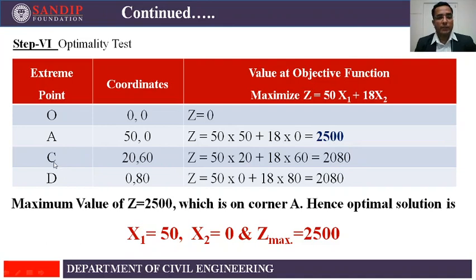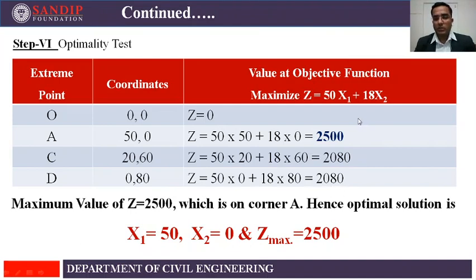The third extreme point is C, with coordinates 20 and 60, so put 20 and 60 as x1 and x2 respectively. We get z equal to 2080. Similarly, the last extreme point is D, with coordinates 0 and 80. Putting 0 and 80 as x1 and x2, the value of z at corner point D is 2080.